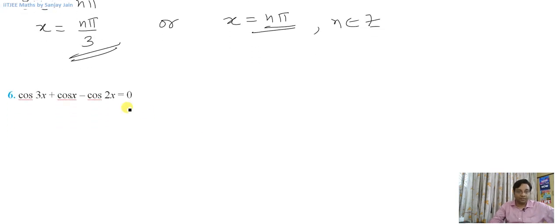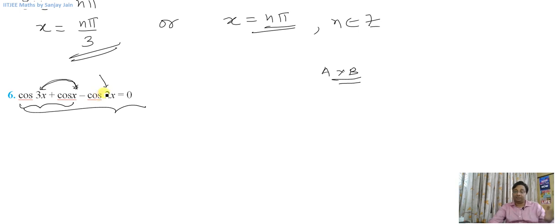Now I've got this equation. My endeavor is to bring it into product form, so let me apply CD formula on these two. Because how do I choose terms to apply CD formula on? I look at the angles. So if you look at the average of these two angles, it will give me this angle. So somehow this will be taken as common, so this will give me a product form. So let me apply CD formula on these two.